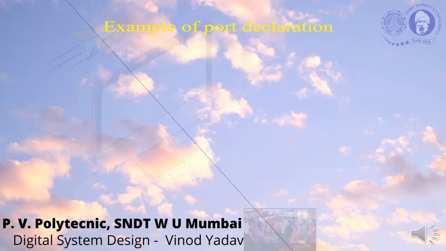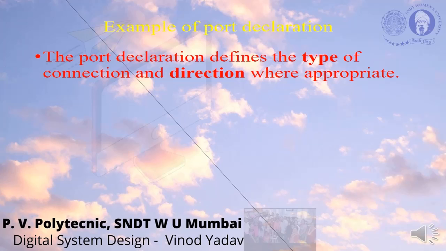Now let us see the example. The port declaration defines the type of connection and direction where appropriate. Port in1, in2 colon in bit. This is the way we define a port. It means there are two inputs, named in1 and in2, which function as inputs to the device, and the data type is bit.